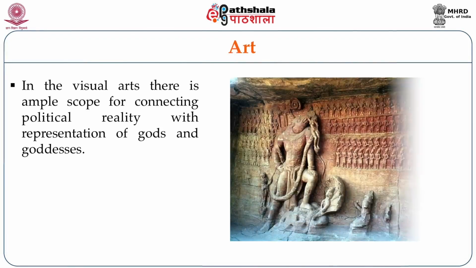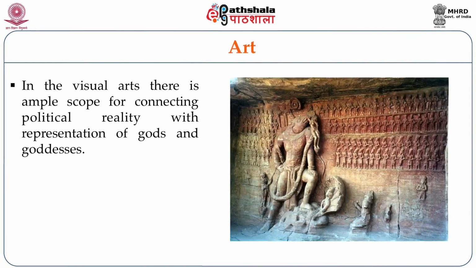Here we will talk about the famous Varaha panel of Udayagiri, which is near Vidisha in Madhya Pradesh. And we'll show that in the visual arts there is ample scope for connecting political reality with the representation of gods and goddesses.